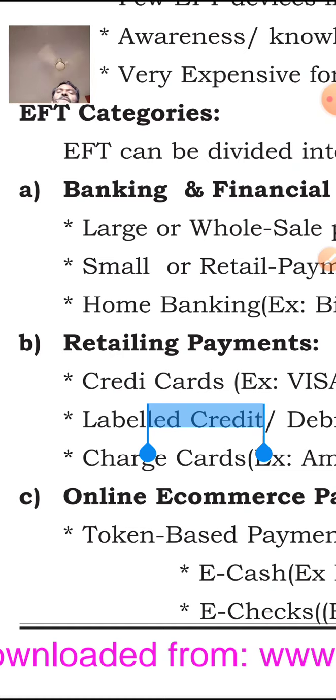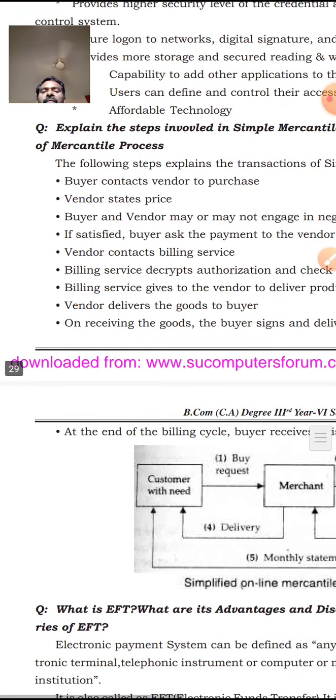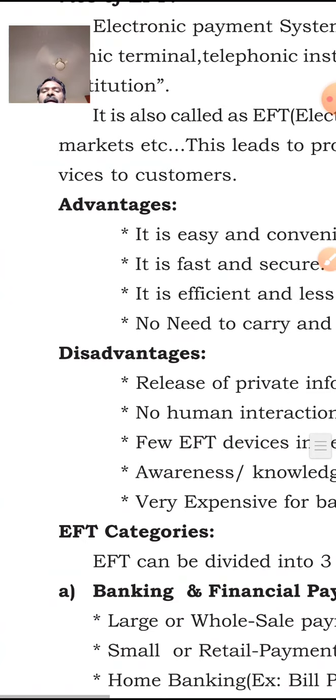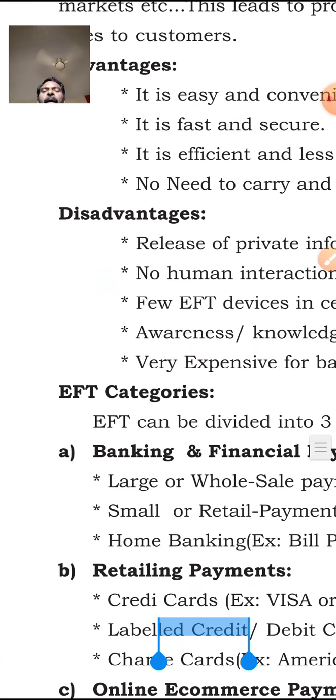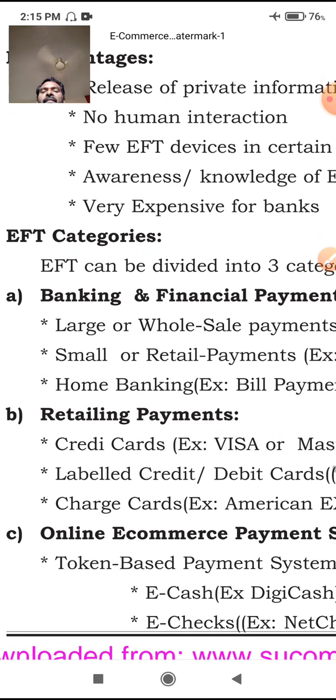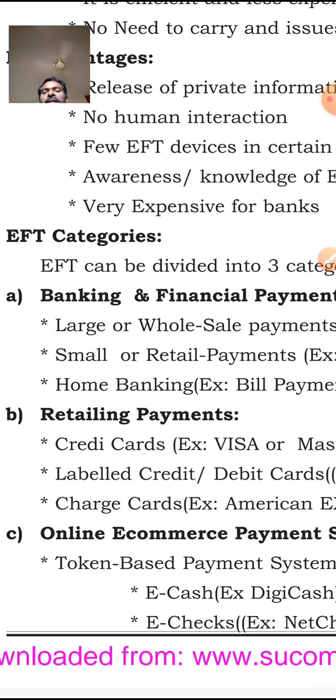In the banking and financial sector, EFTs are mainly used in the form of ATMs and e-billing. For example, in the SBI bank, Yono Cash. So the Yono app, all these types of applications are available while the banking organizations are using.